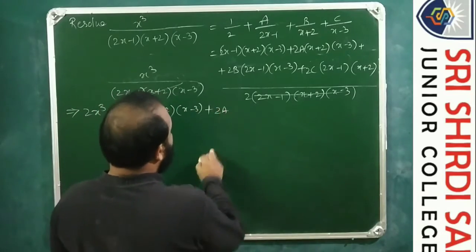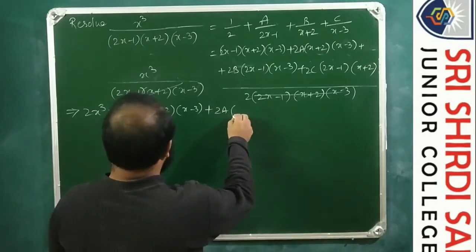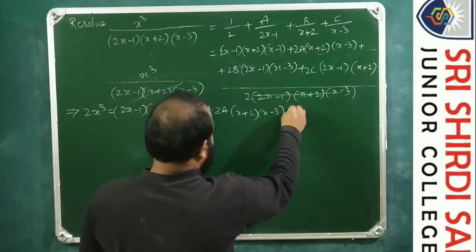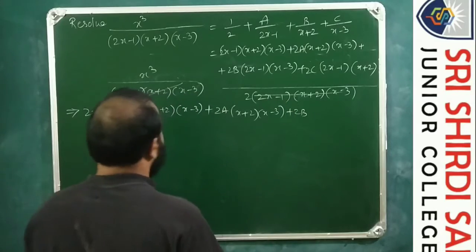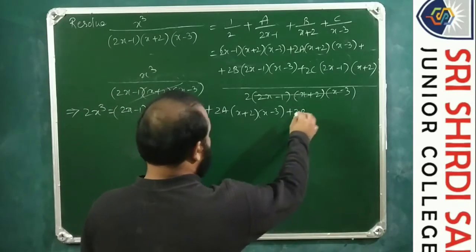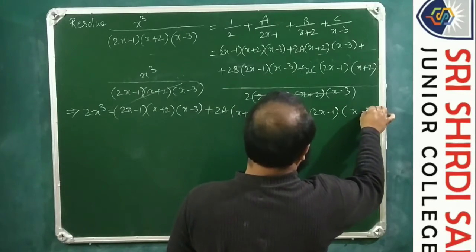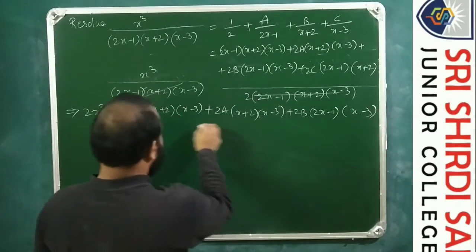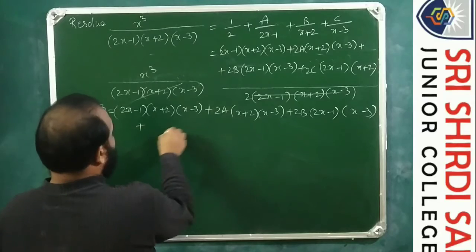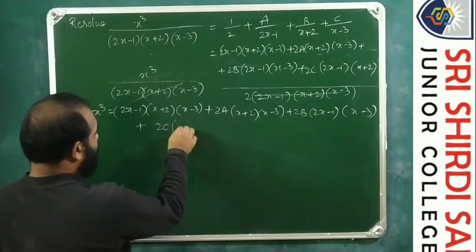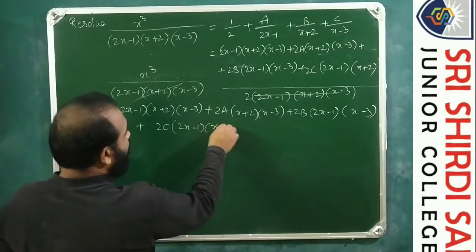2A into (x plus 2)(x minus 3), plus 2B into (2x minus 1)(x minus 3), plus 2C into (2x minus 1)(x plus 2).